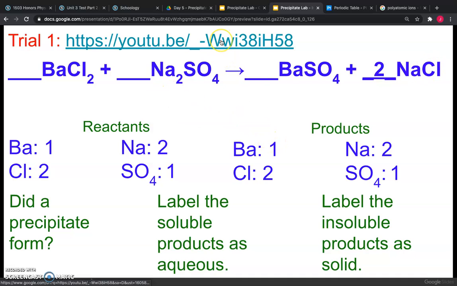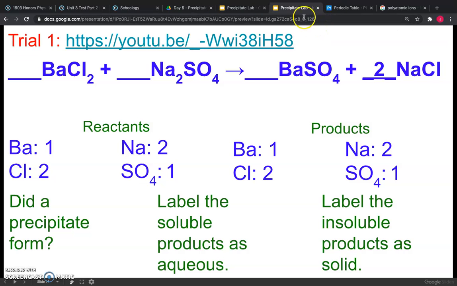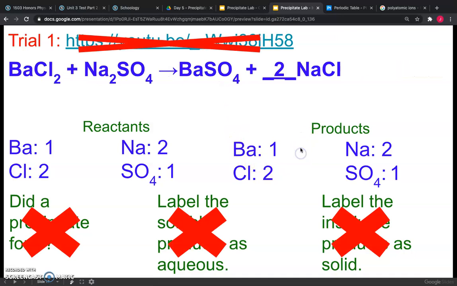If you want to watch the actual reaction, you can, using the link at the top here. Eventually, you will have to watch all the reactions to determine if a precipitate formed, but we're not doing that yet. So for the time being, just don't worry about that part.